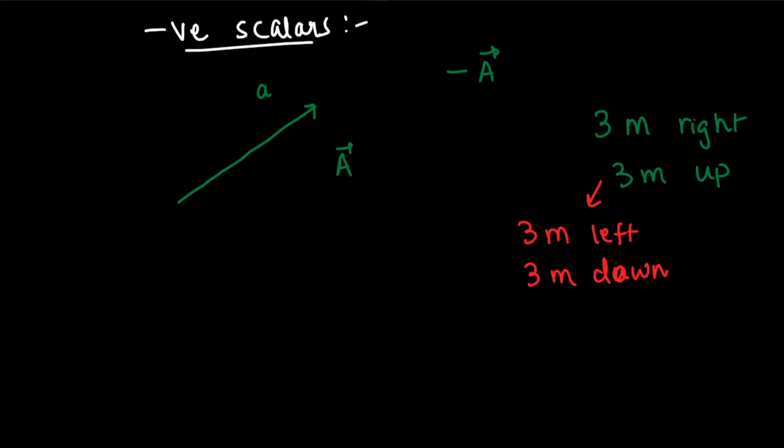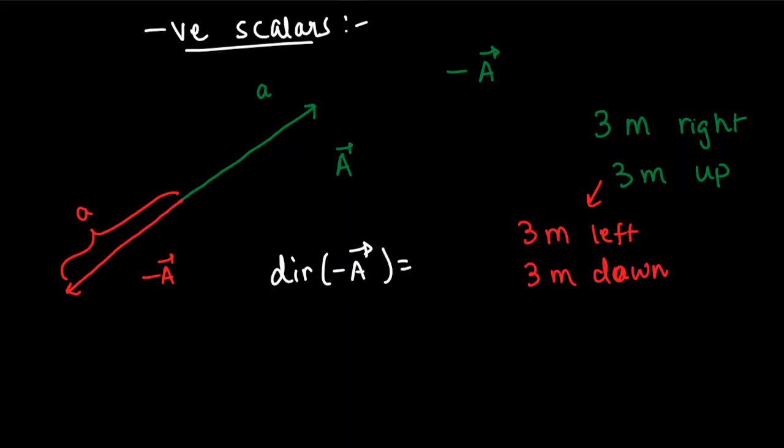Instead of going in one path, like in this green path, you instead go in the opposite path. So something like this. And this vector now is negative of vector A, and it still has the same magnitude, but the direction is opposite. So in a sense, you could write the direction of negative A is equal to negative of direction of A.